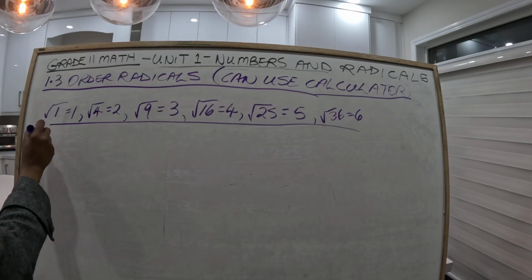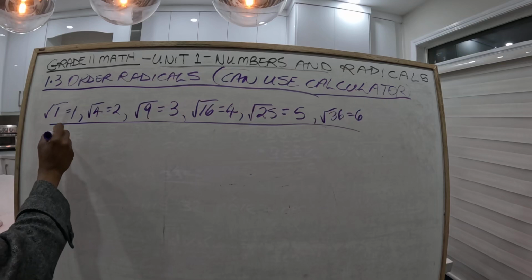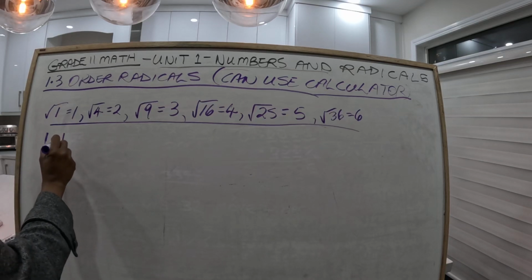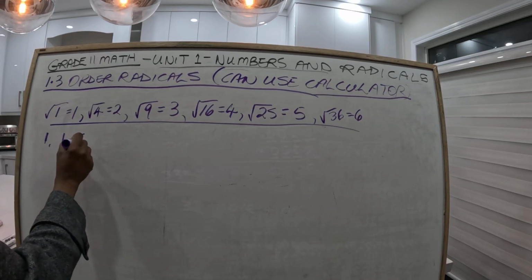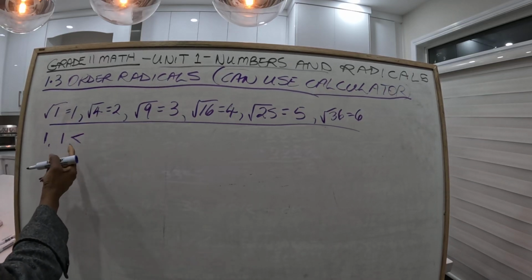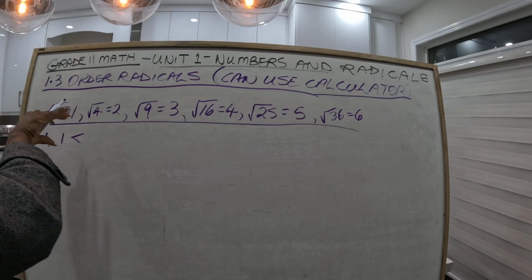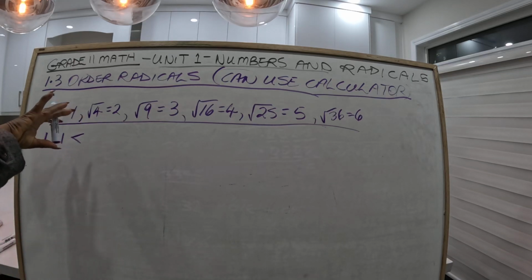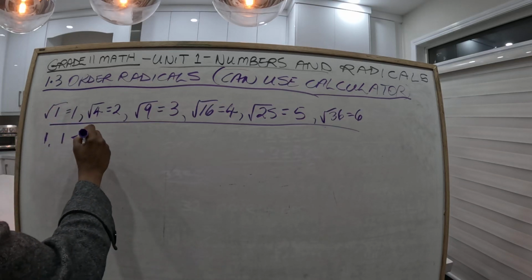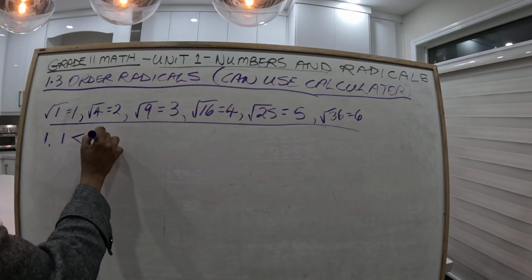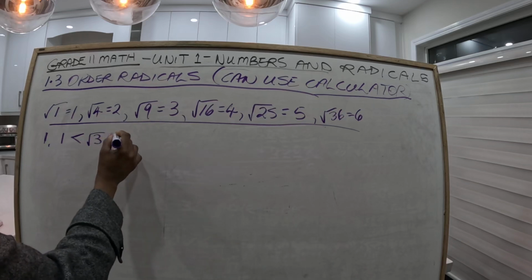For example, we know that 1 is greater than, or less than, sorry. Remember, this is less than. So the dog is eating the greater portion. So the mouth is open to the greater portion. I'm not sure what other people say, but that's what I say.